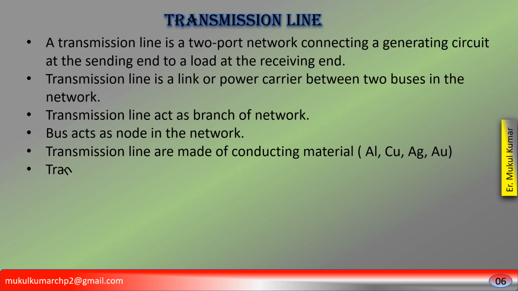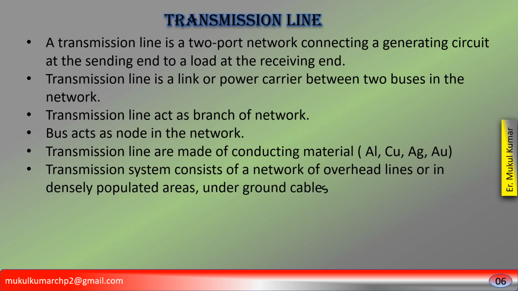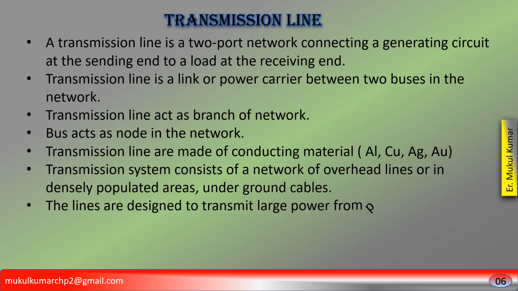Transmission lines are made of conductor material like aluminum, copper and others. The transmission system consists of a network of overhead lines or, in densely populated areas, underground cables. The lines are designed to transmit large power from the point of generation to the load side.